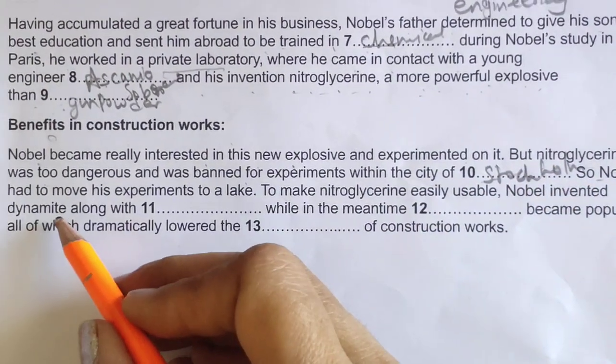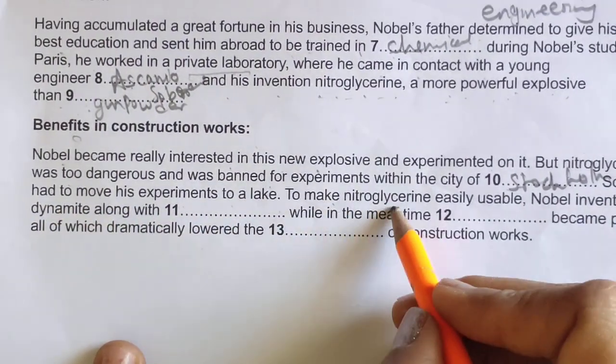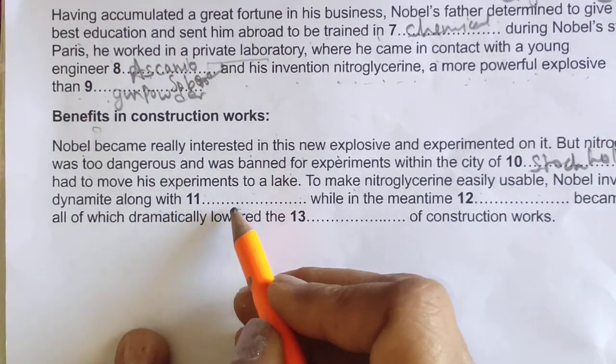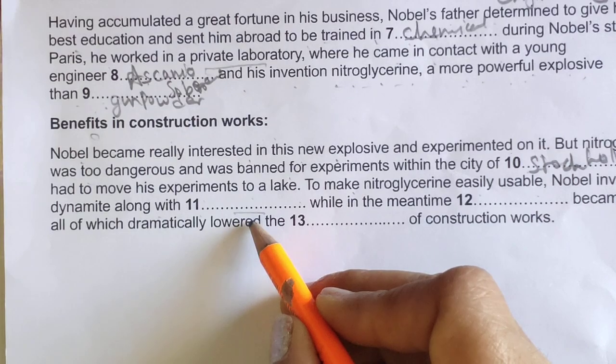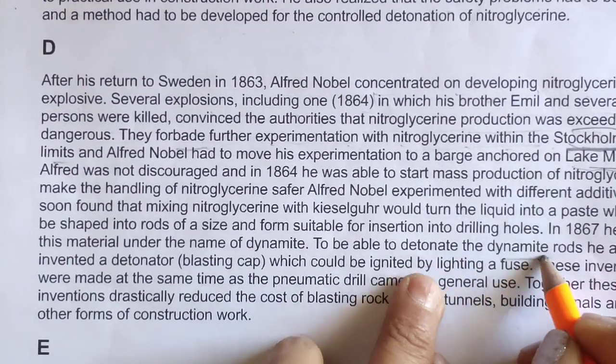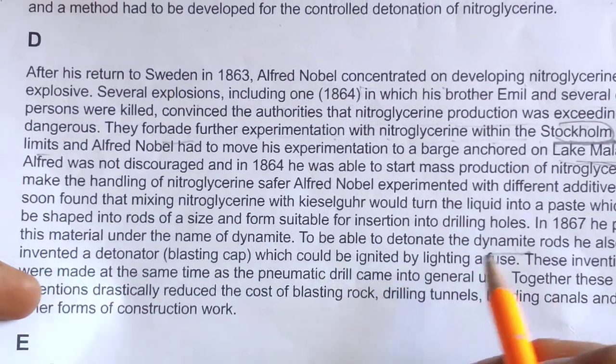So Nobel had to move his experiments to a lake to make nitroglycerin easily. Nobel invented dynamite along with dash. What he invented, let's read it. Dynamite, here the dynamite word is also invented. He could be by lighting a fuse. Just a minute.